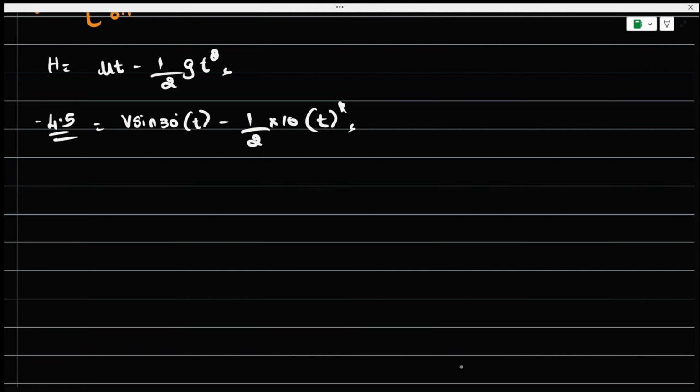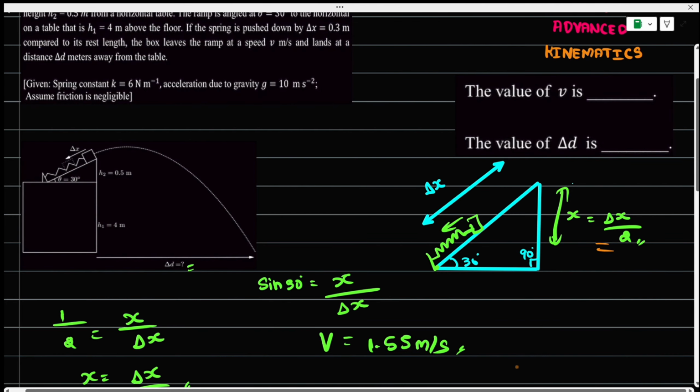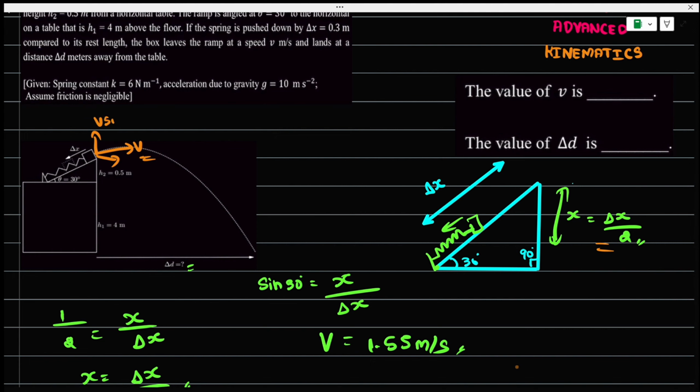After solving this, we will be getting t is equal to 1.0293. Now I have already said that the velocity is in this direction. Then let's split the components. This is v sine 30 degree, this is v cos 30 degree. With the help of this component we have found the time period, but we need to find this particular distance.